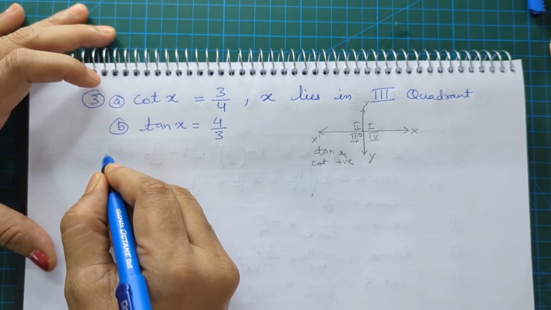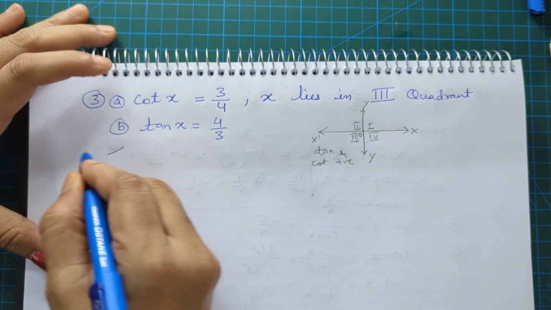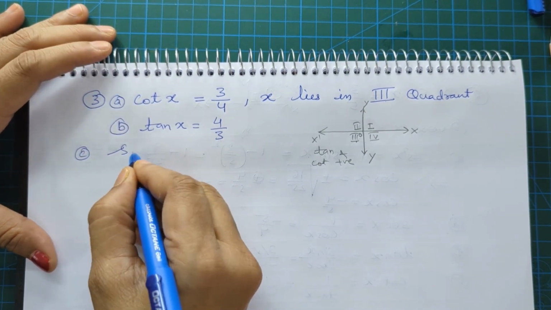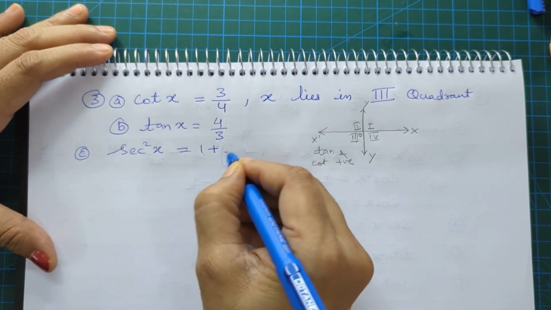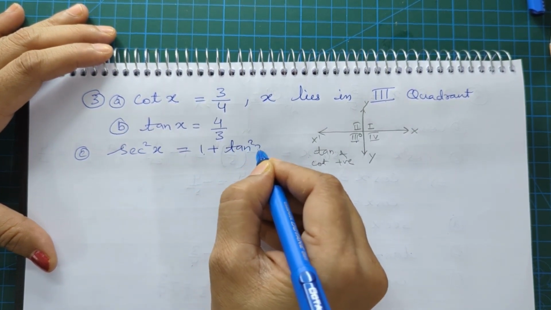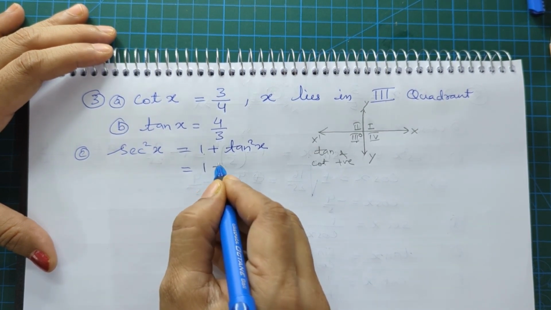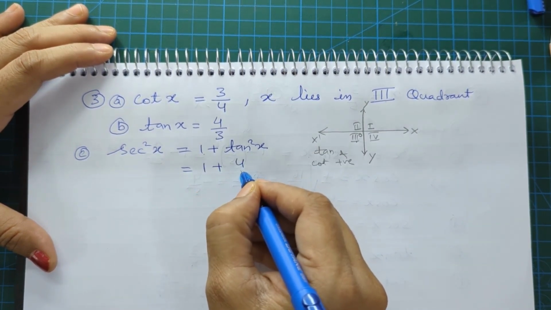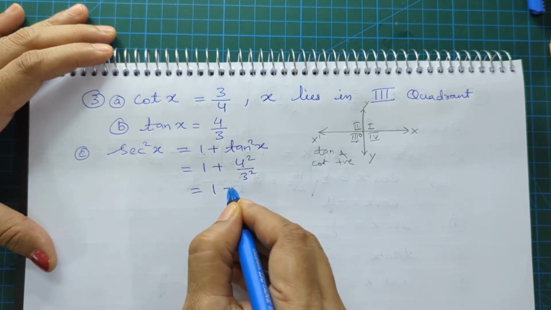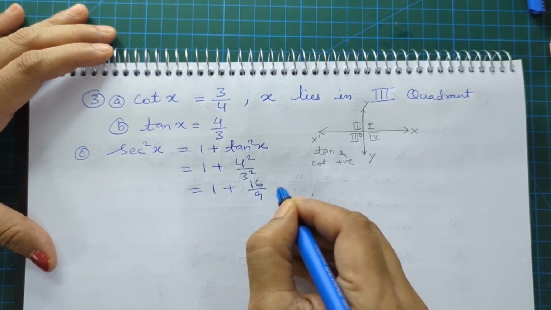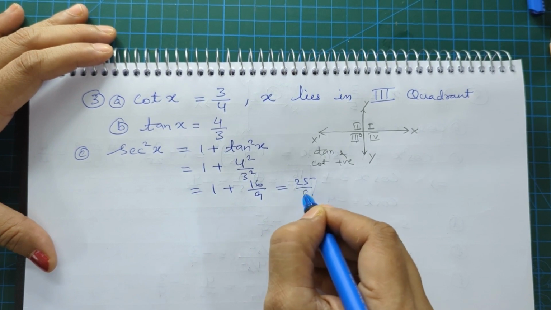Since tan is there, we can find sec. We know that sec square theta is 1 plus tan square theta, one of the fundamental trigonometric identities. So it is 1 plus 4 by 3 squared, meaning 4 square by 3 square. It's 1 plus 16 by 9, so 25 by 9.